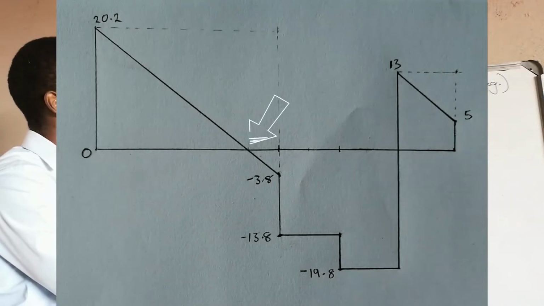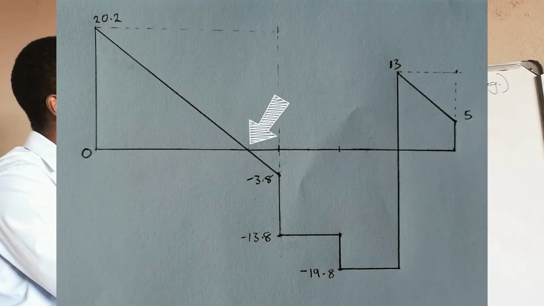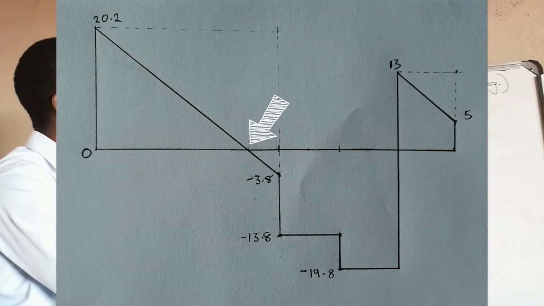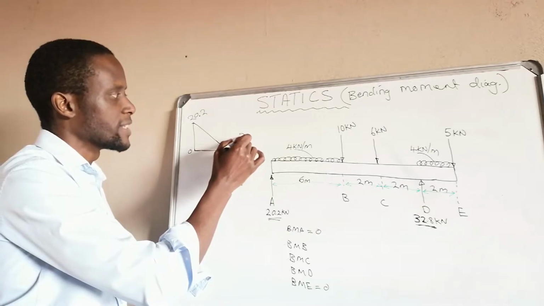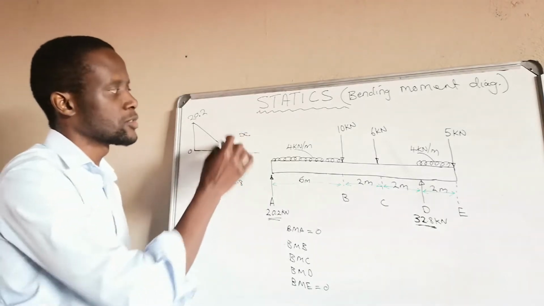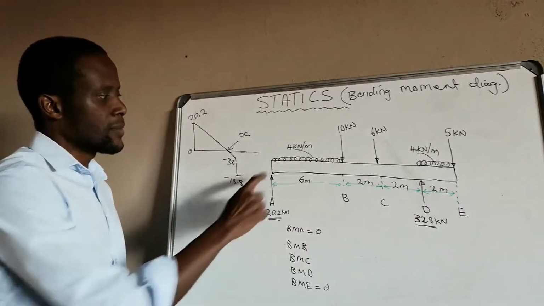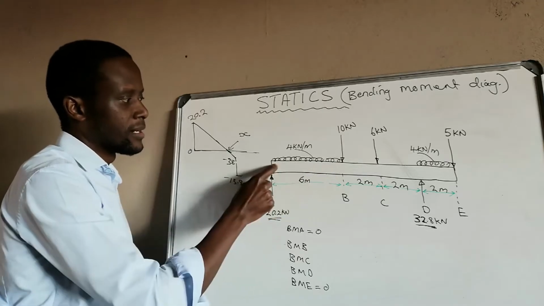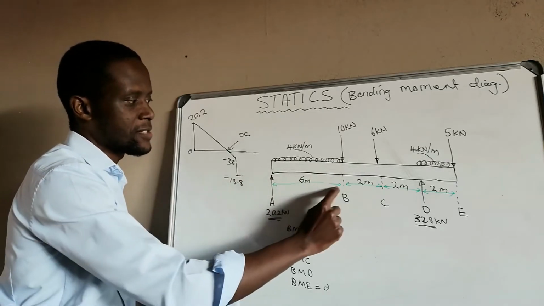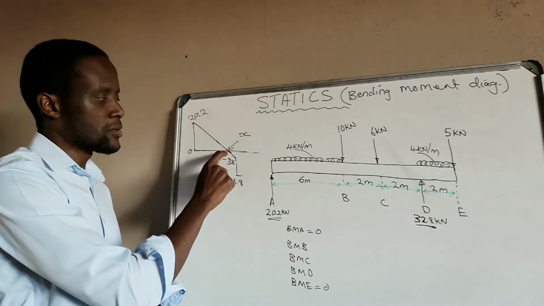Now, there is this point where the uniformly distributed load drops and it cuts through our equilibrium line or our 0 line. That point, which we can call point X or point F or whatever you may choose to call it, is somewhere from A up until B, somewhere along this 6 meters, where the uniformly distributed load cuts through the 0 line.